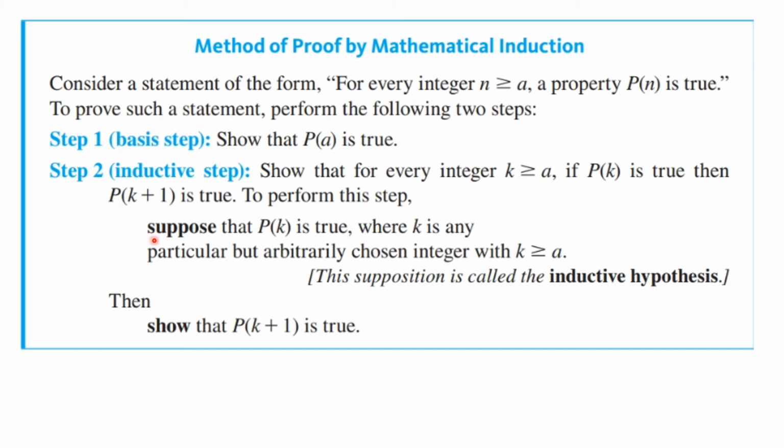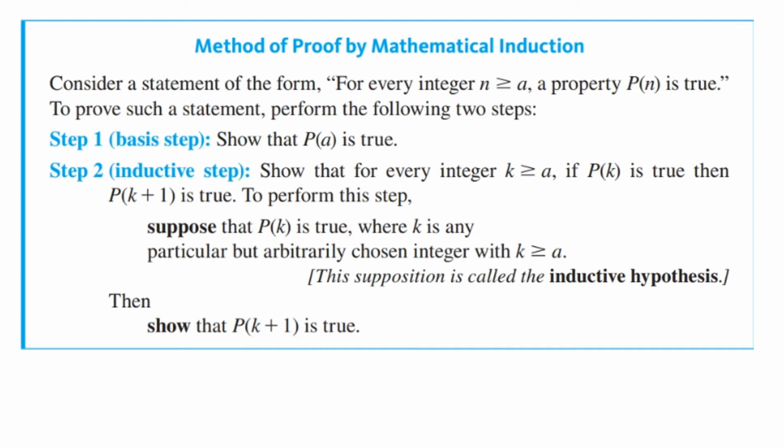So we assume that P of k is true, where k is any particular but arbitrarily chosen integer bigger than or equal to a. And this is called the induction hypothesis or inductive hypothesis. Then show that P of k plus 1 is true.